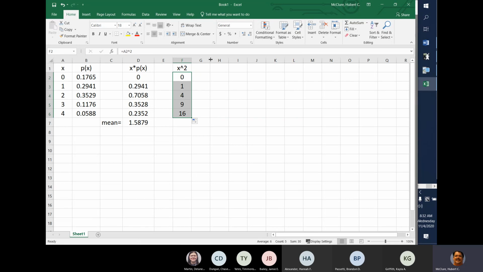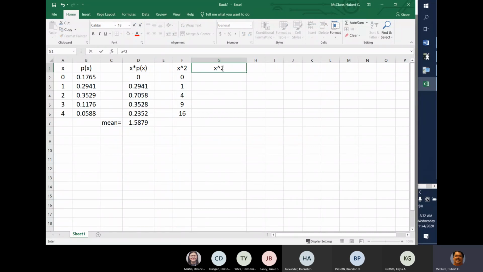And then I'm going to open this up and do x squared times p of x. It's going to equal this number times that number. And Control C, Control V.